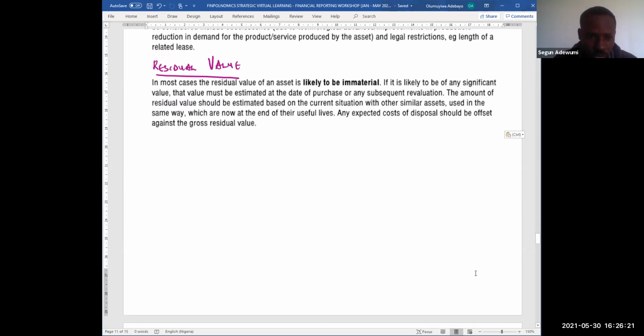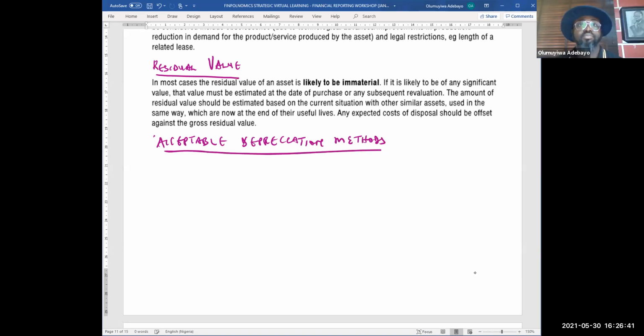The amount of residual value should be estimated based on the current situation with other similar assets used in the same way, which are now at the end of their useful lives. Any expected cost of disposal should be offset against the gross residual value.